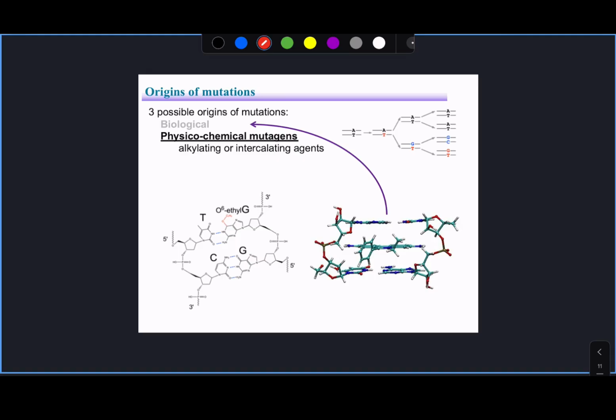I'll speed this up. So, I already mentioned that biological errors are the source of most mutations. Then I also brought up this idea of mutagens, right? Environmental toxins. It turns out that environmental toxins will indirectly act through biological errors.